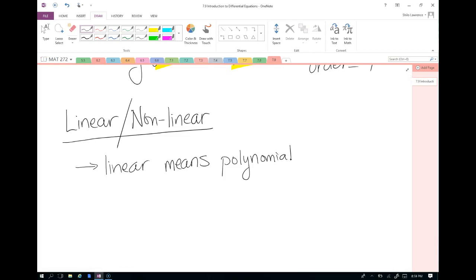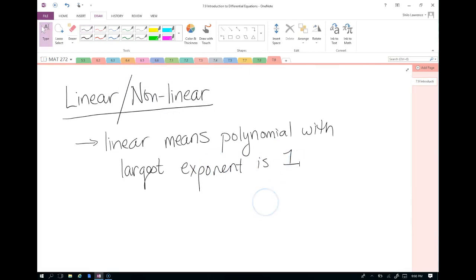So linear means a polynomial where the largest power is a 1. So that part is still true.